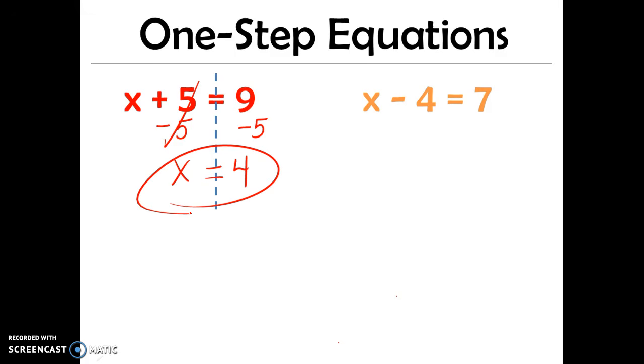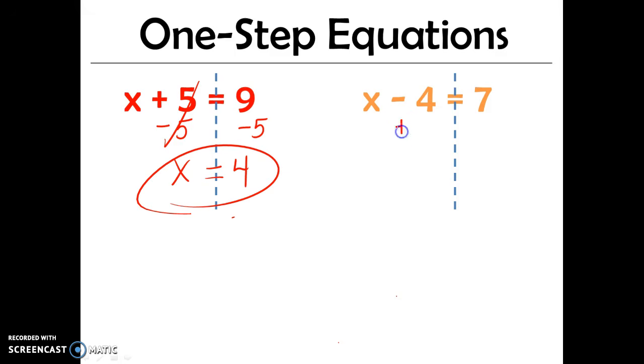So for the next one, x minus 4 equals 7. This one's a little different, but we're also going to draw this line, keep it organized. X minus 4, so that means 4 is being subtracted from x. So to get rid of it, we don't subtract 4. You do the opposite to eliminate it.